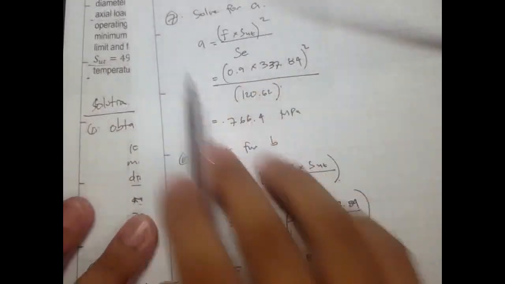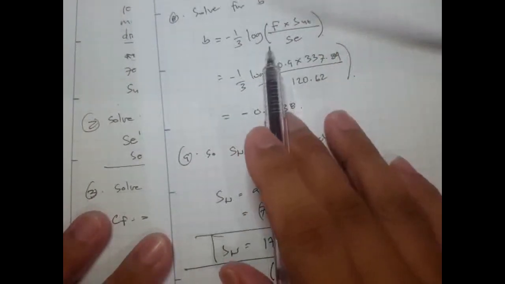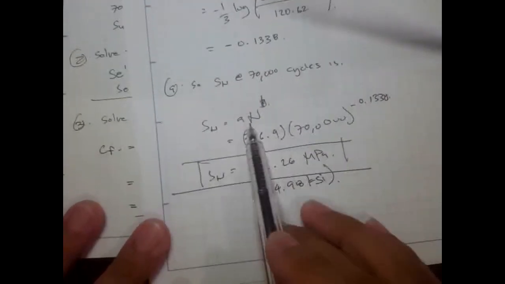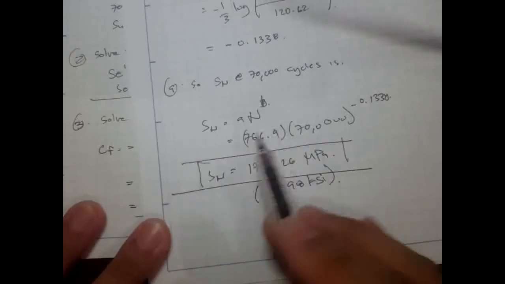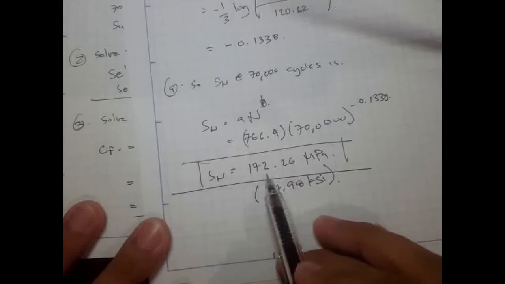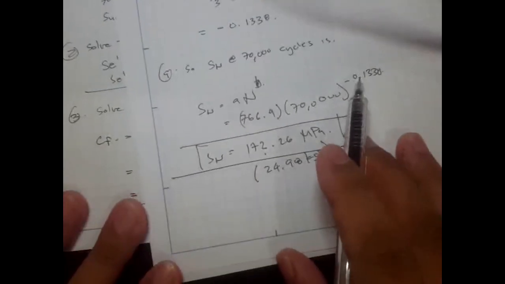After that, we solve for A, and we solve for B. Once you have A and B, and since you are given the number of cycles, you can solve for the fatigue strength. So the fatigue strength is 172.26 megapascals.